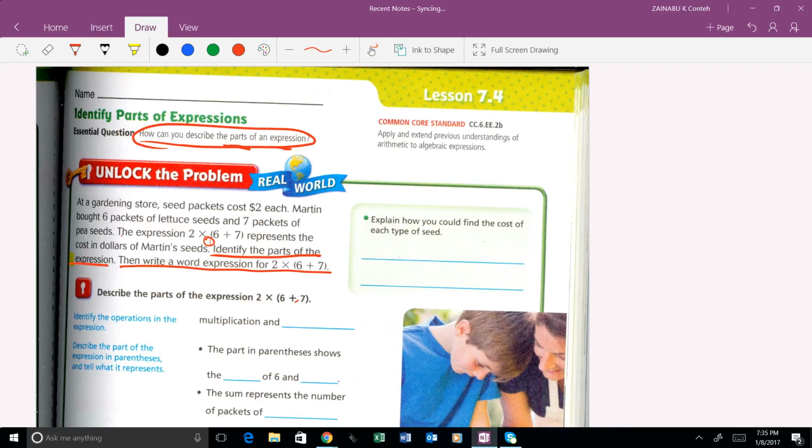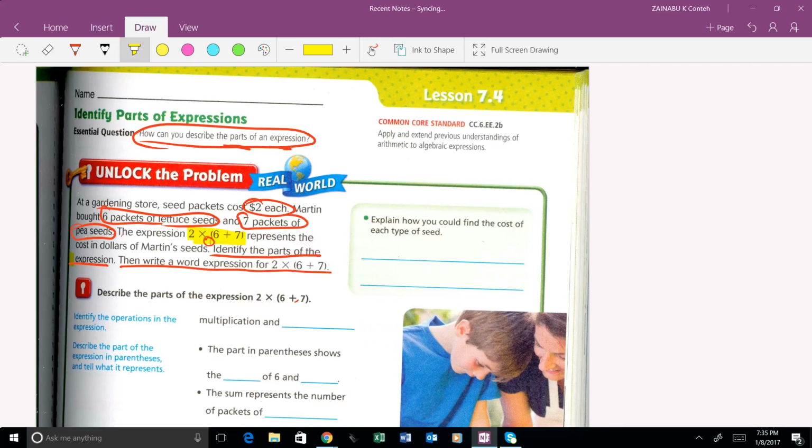Now, the important facts in this problem are that seed packets cost $2 each. Martin bought 6 packets of lettuce seeds, and he also bought 7 packets of pea seeds. Why that's important might come up a little later. And then we've got our expression, which is just as important, that tells us what each of these values represents.